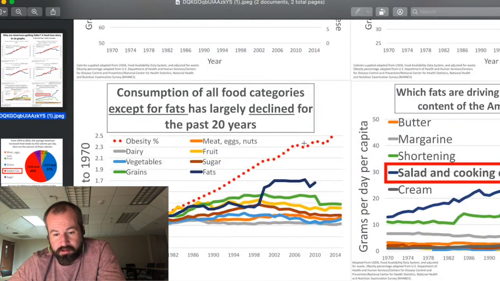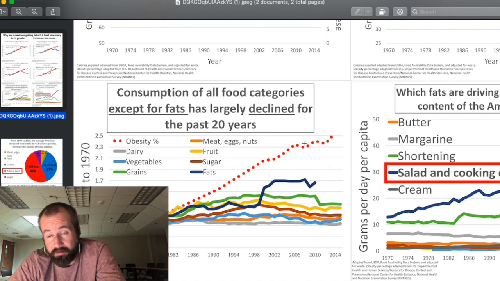Well, let's look again at another graph, normalized to 1970 levels of intake from about the year 1995 to 2000, starting about on that 5-year period, and then you follow the time afterward. In all subsequent years after that, our intake of dairy has remained consistent, of vegetables has gone down, of grains has gone down.